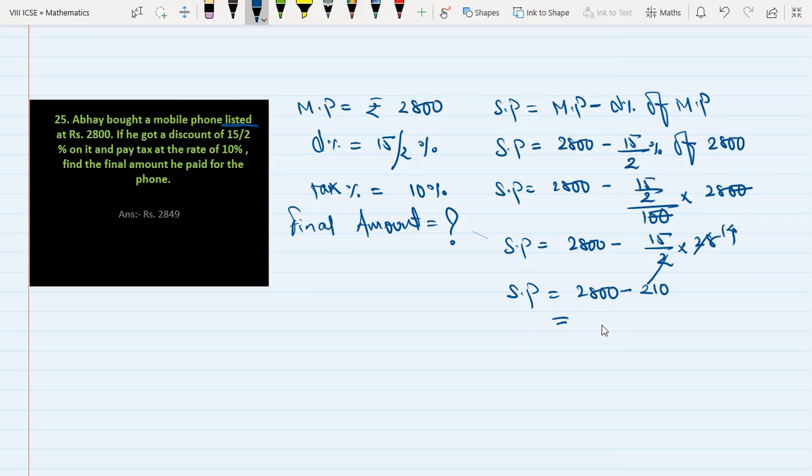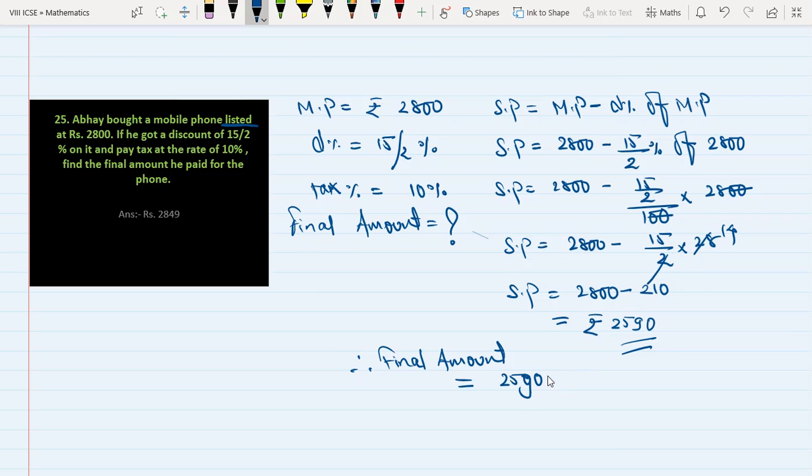Okay, so selling price is rupees 2590. Okay, so we got the selling price, but we want to find the final amount, and therefore final amount paid by the customer, paid by Abhay for that phone is equal to 2590.